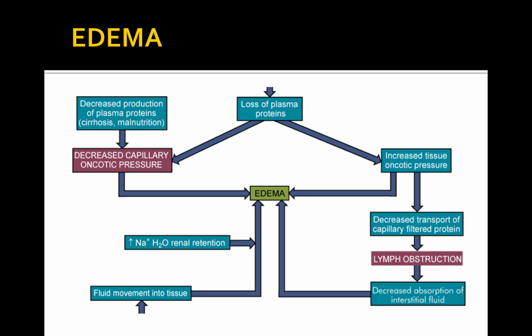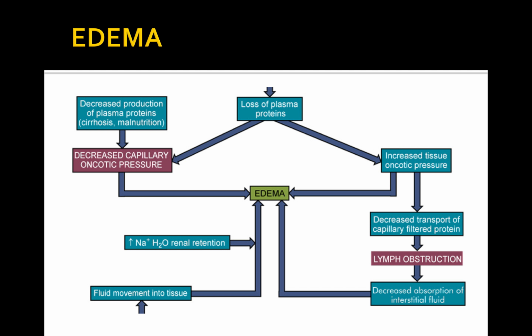And here we can look at this diagram. We've got loss of plasma proteins or decreased production of plasma proteins from some kind of pathology, where the example here is cirrhosis and malnutrition, where we've got decreased capillary oncotic pressure.